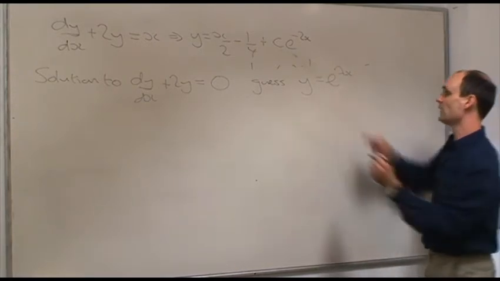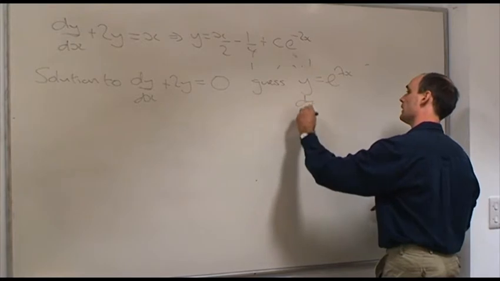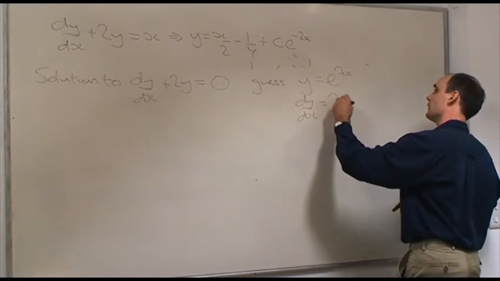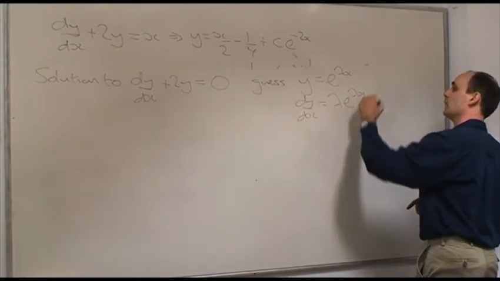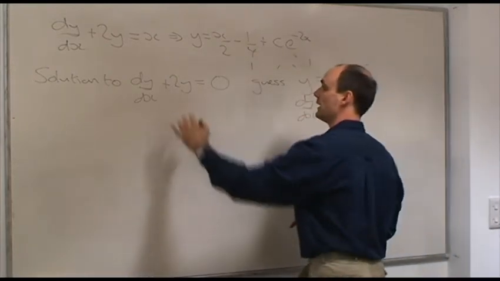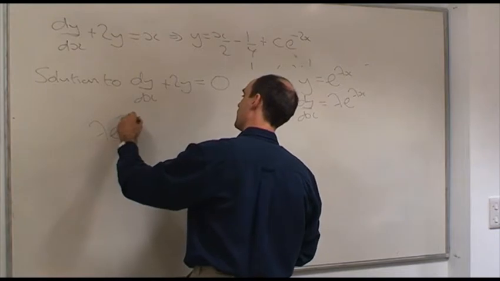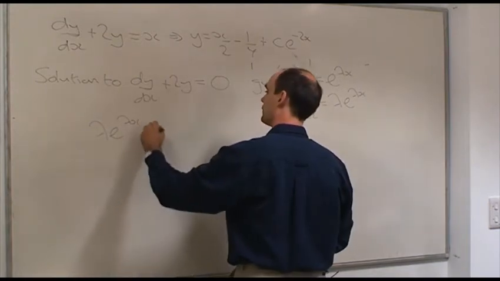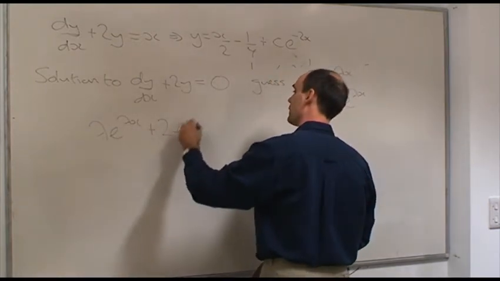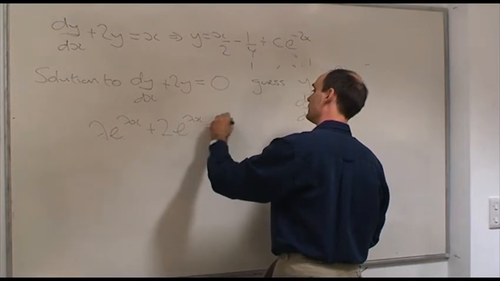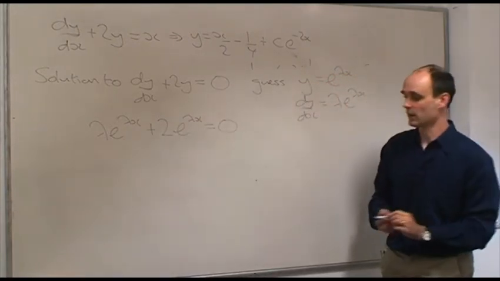Now we differentiate that. That gives us dy/dx is equal to lambda e to the lambda x. We put those two in here. We get lambda e to the power of lambda x plus 2 e to the power of lambda x is equal to 0.